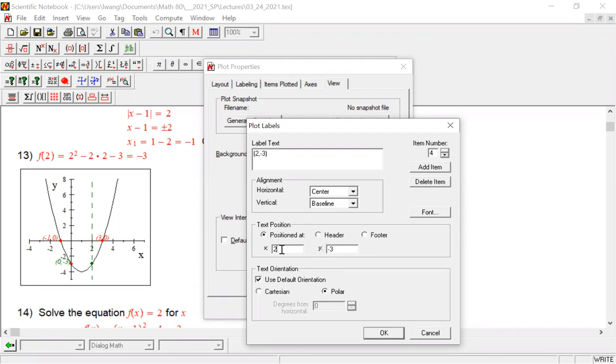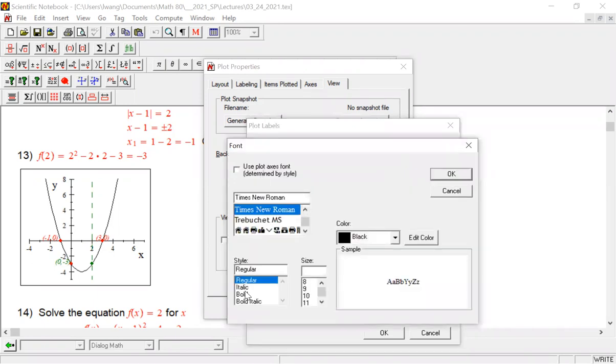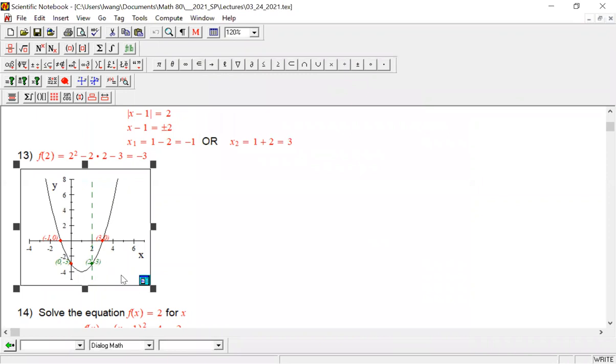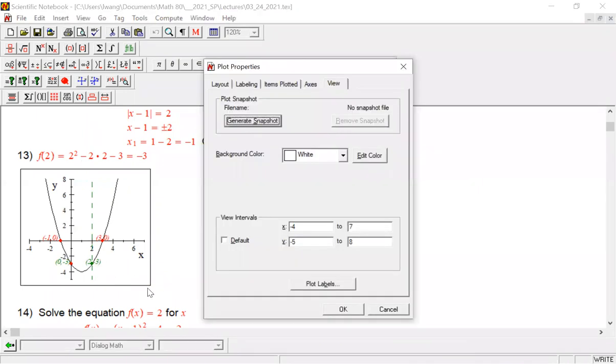-3. Let's move it a little bit over to the right for a clear viewing. So now we have these (2, -3). Oh, it's a little bit crowded, right? Can you guys see that clearly?